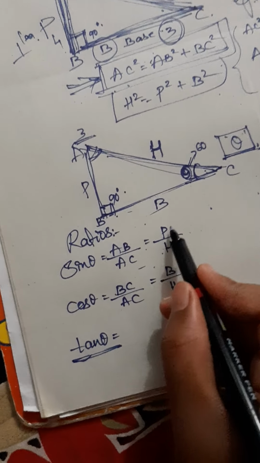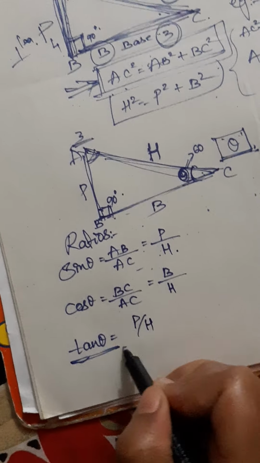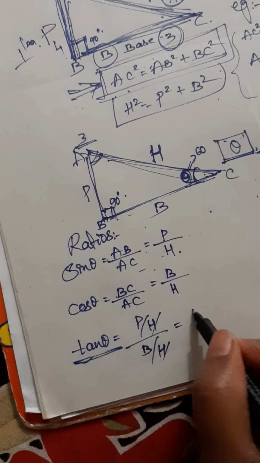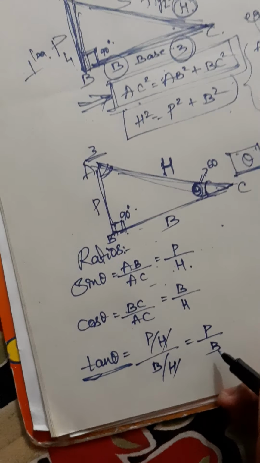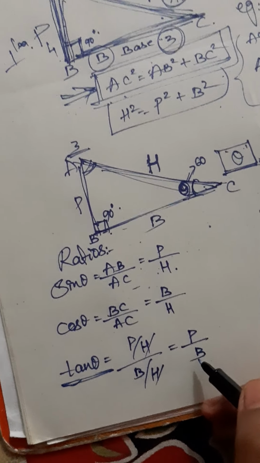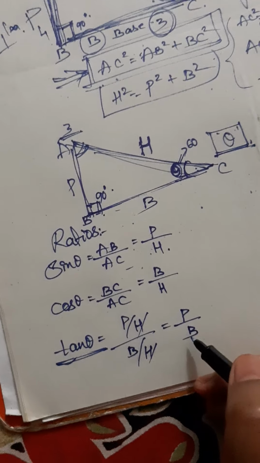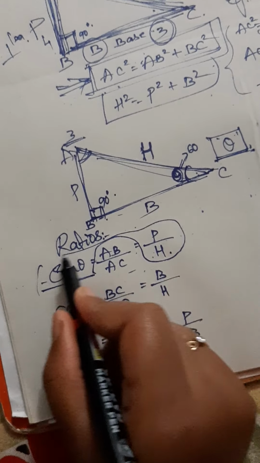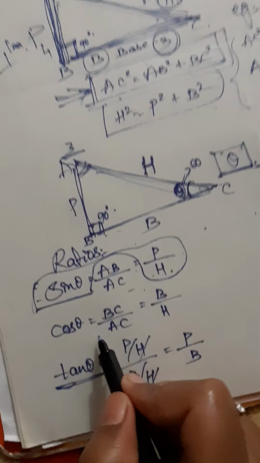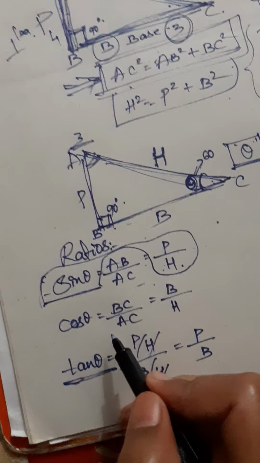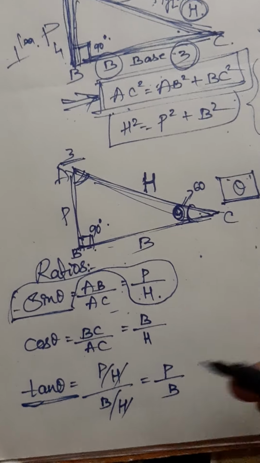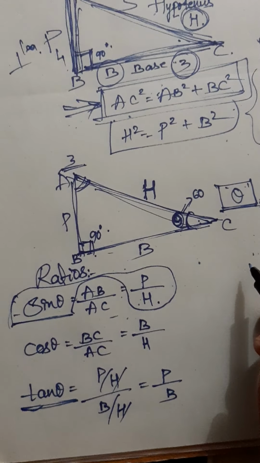Sin theta is P by H and cos theta is B by H, so cancel the hypotenuse on both sides and it will be P by B. This is the trigonometric ratio known as sin theta, and its form is P by H. Furthermore, we have values like sin 0, sin 30, sin 45, sin 60, sin 90. I will explain that in our next video.